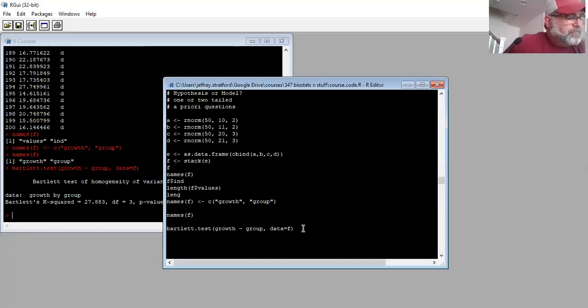Let's do an ANOVA. But the first type of ANOVA we'll do is just a classic ANOVA. And what I mean by that is we're going to do a source table that you'll see in publications. And remember, ANOVA is analysis of variance, and it partitions the variance into various sources.